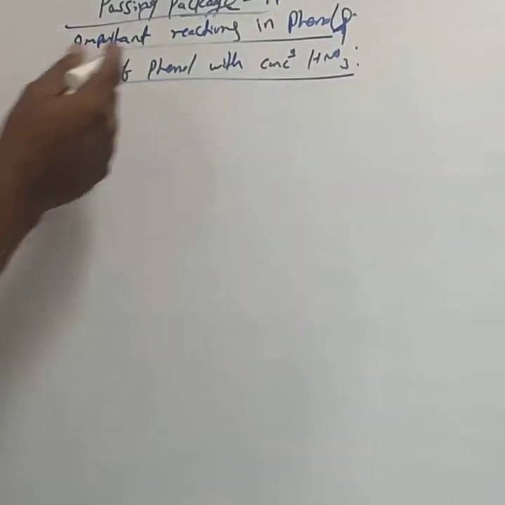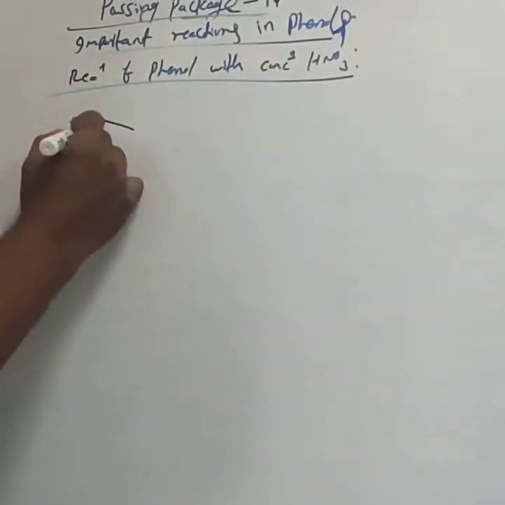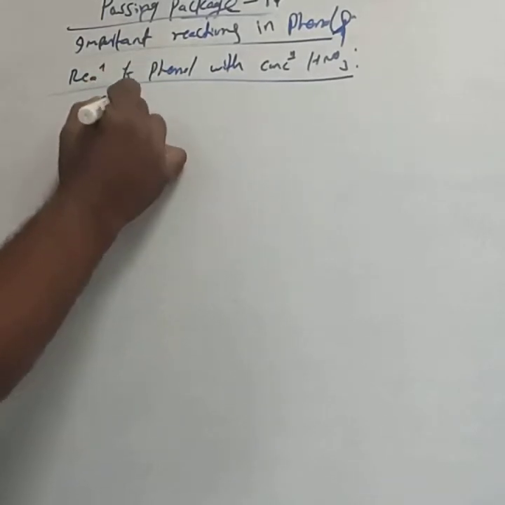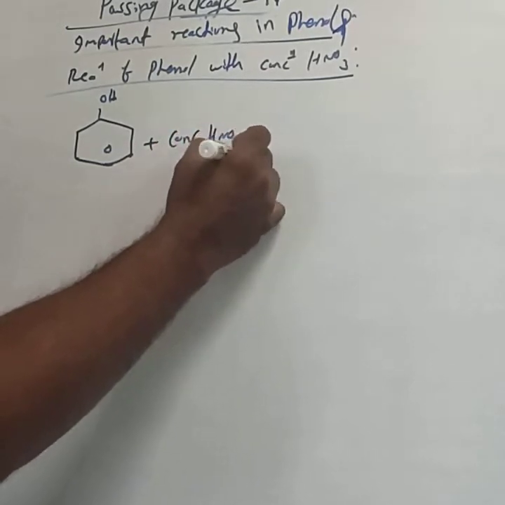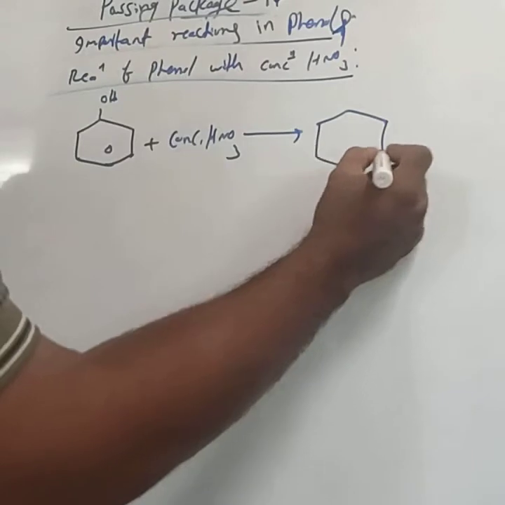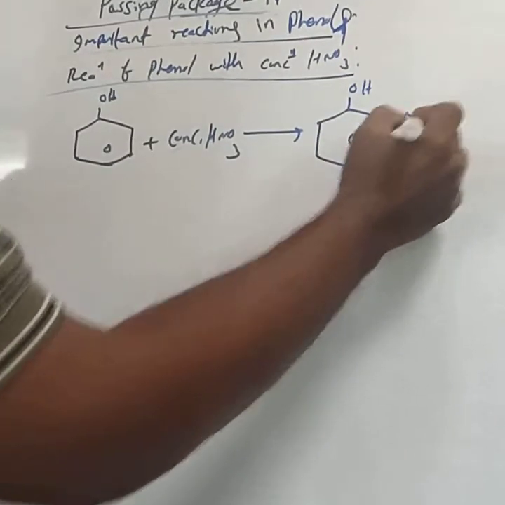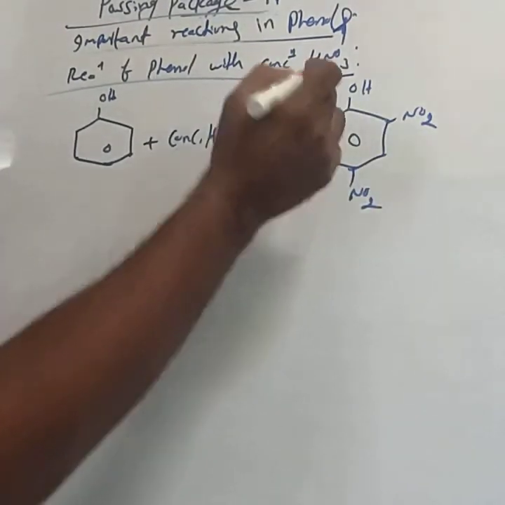That is the reaction of phenol with concentrated nitric acid. When phenol reacts with concentrated nitric acid, we get picric acid. Picric acid is 2,4,6-trinitrophenol.